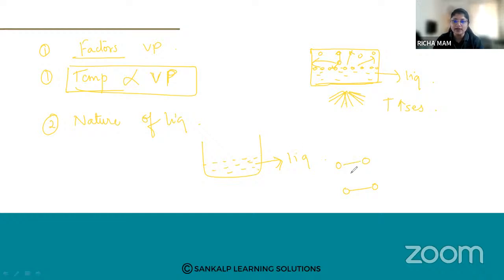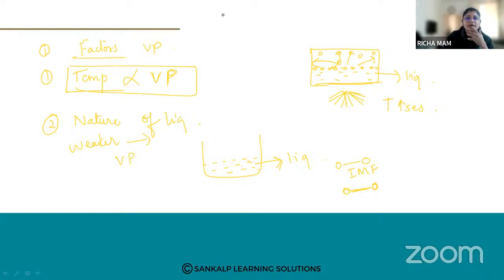If the intermolecular forces between the molecules are weak, then these molecules can be easily broken. If the bond present between the molecules is stronger, then it is very difficult to break. So if the intermolecular forces are weaker, then the vapor pressure will be more.